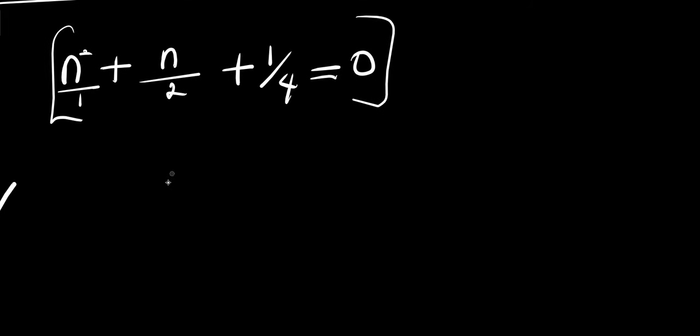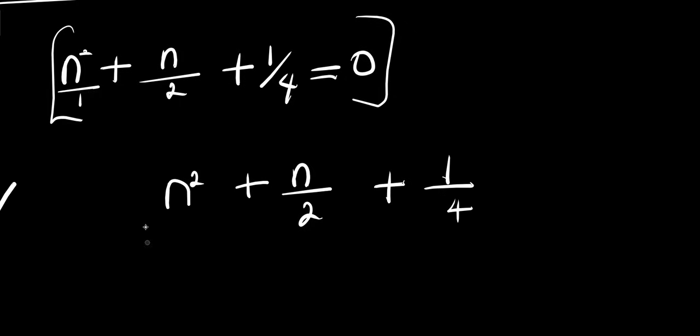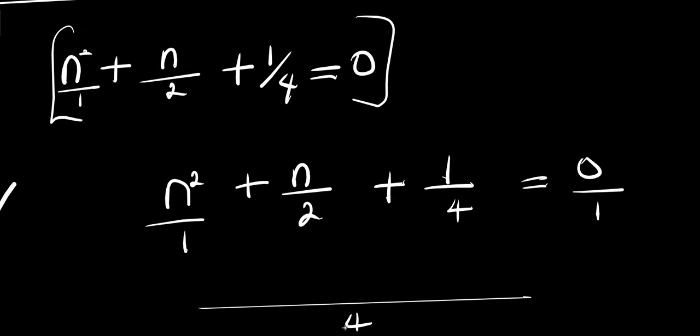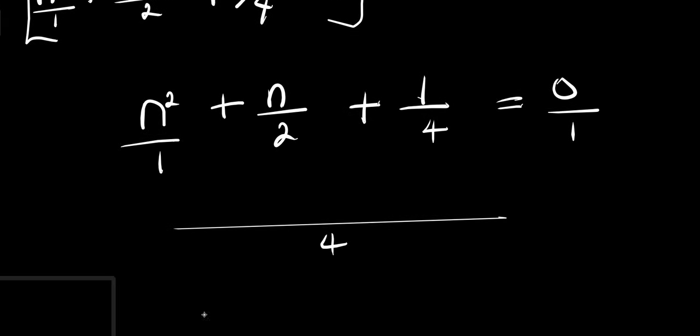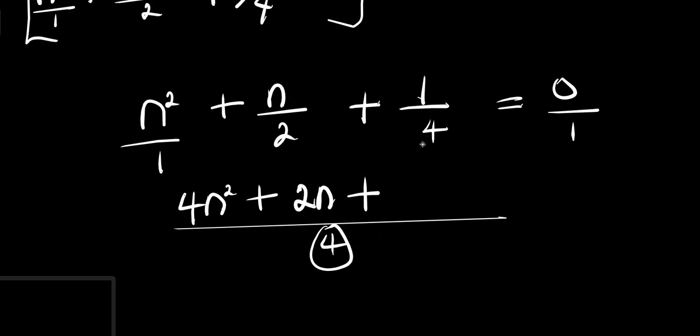This also is over 1, so we have n squared plus n over 2 plus 1 over 4, this is over 1 equals 0, and this also is over 1. So the common LCM here is 4. I have 4 divided by 1, 4 times n squared. We have 4n squared plus 4 divided by 2, 2 times n. We have 2n plus 4 divided by 4, 1 times 1, we have 1 equal 0.